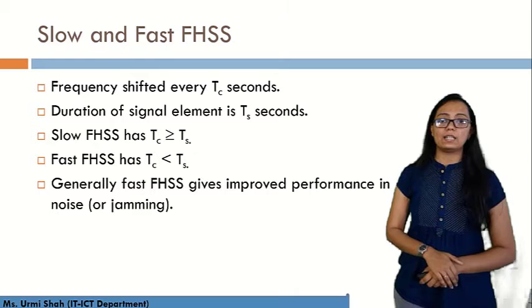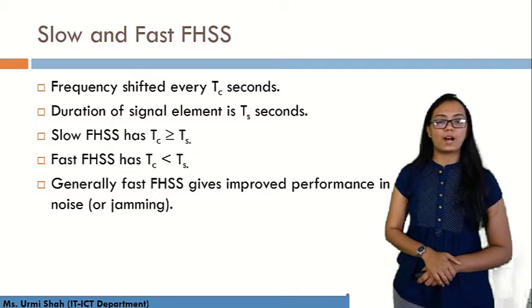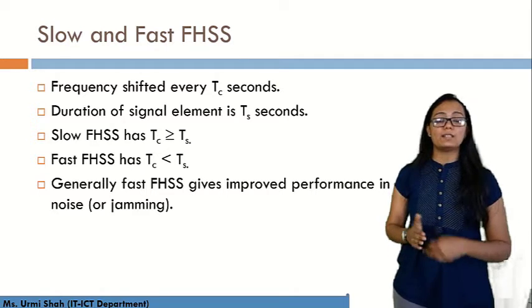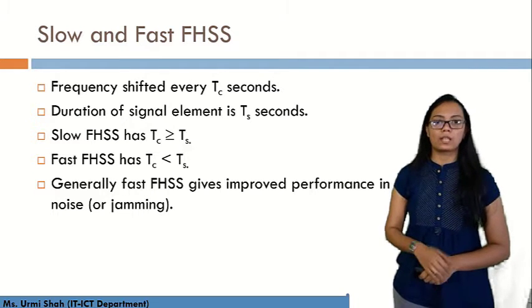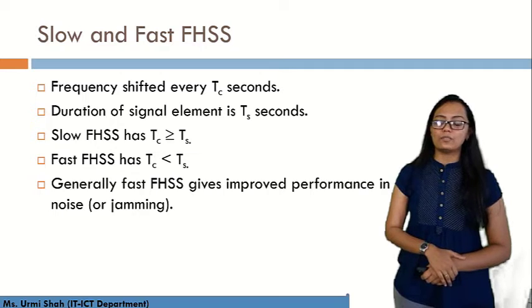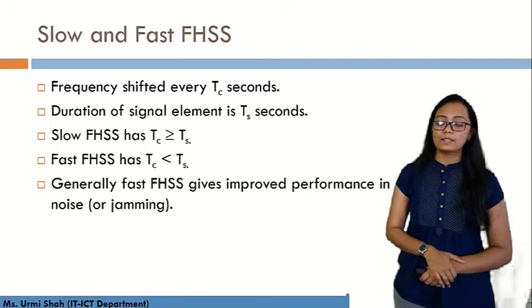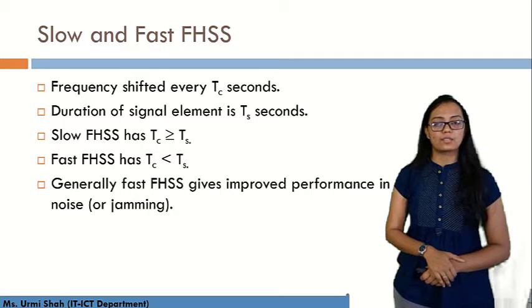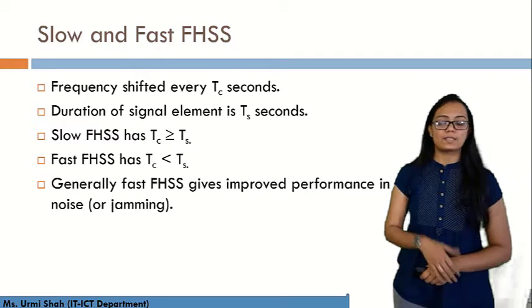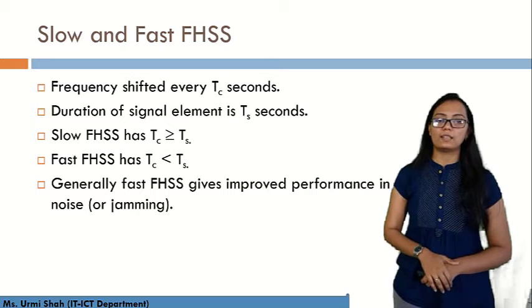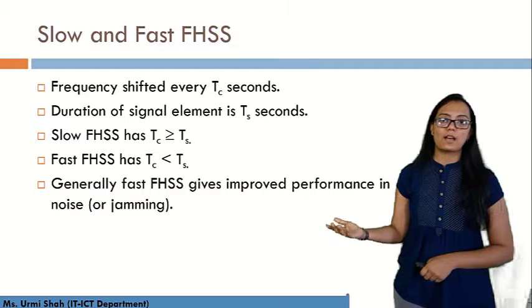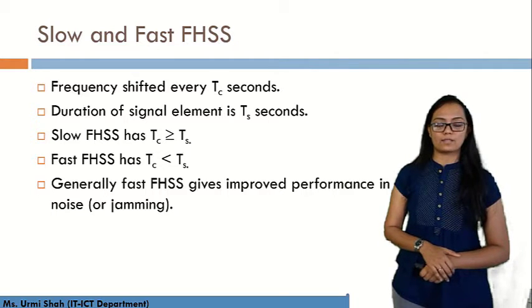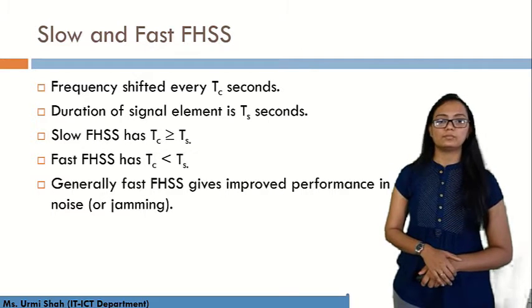Whenever TC is less than TS, you have a fast FHSS. That means the channel time is less than the signal time duration. Generally, why do we prefer fast FHSS? Because fast FHSS gives improved performance against noise or other external disturbances like jamming. So this is how slow and fast FHSS are preferred.